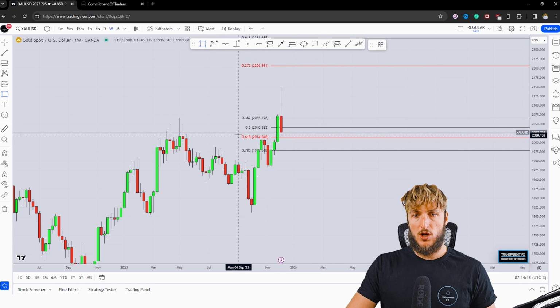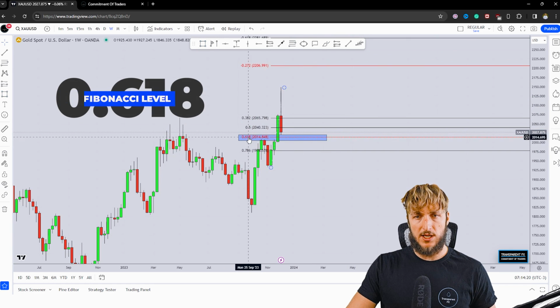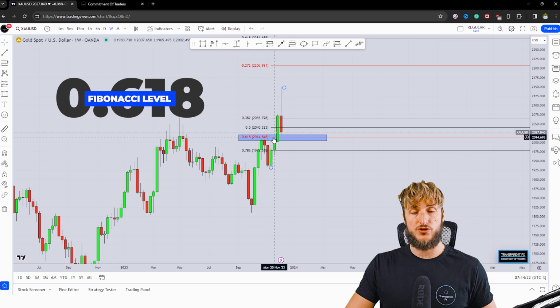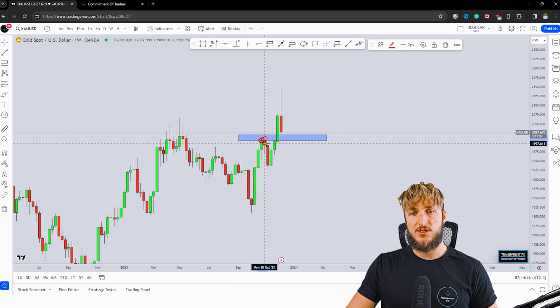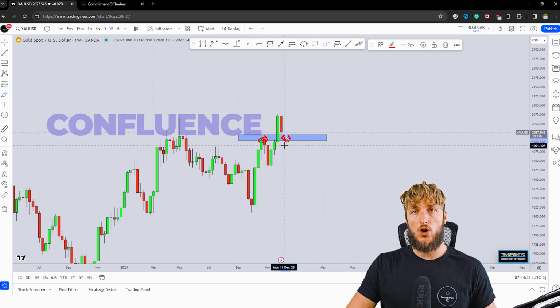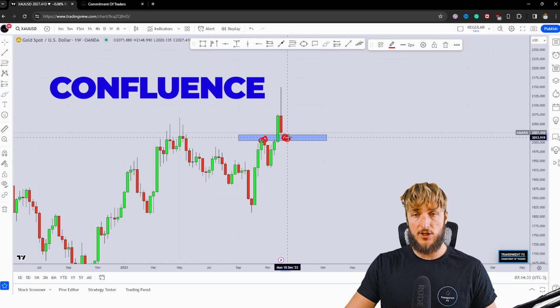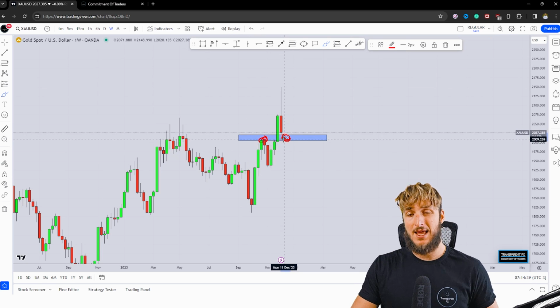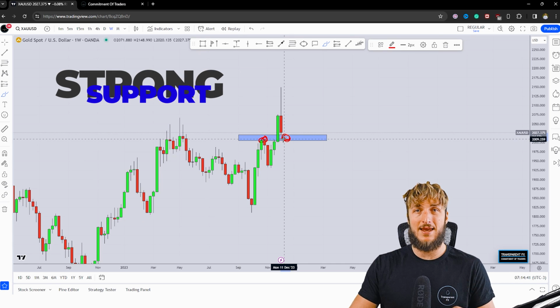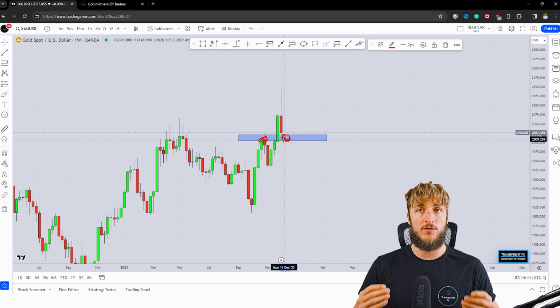If we do that, we can see how we have the 0.618 Fibonacci retracement, which is also the golden ratio, lining up perfectly with this previous resistance turned support, essentially creating confluence of support at this level, because we have both the Fibonacci 0.618 and also the previous horizontal resistance now turned support, both lining up in the same area of price.